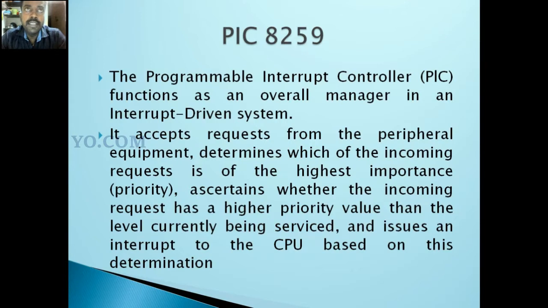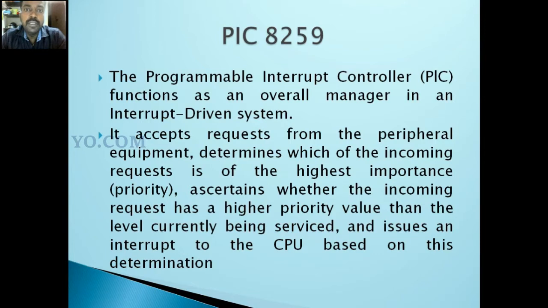Then INTA is the interrupt acknowledge. After receiving, the microprocessor produces the interrupt acknowledge by using the INTA pin. So the microprocessor is capable of accepting only one interrupt. Okay, so this is a problem here.